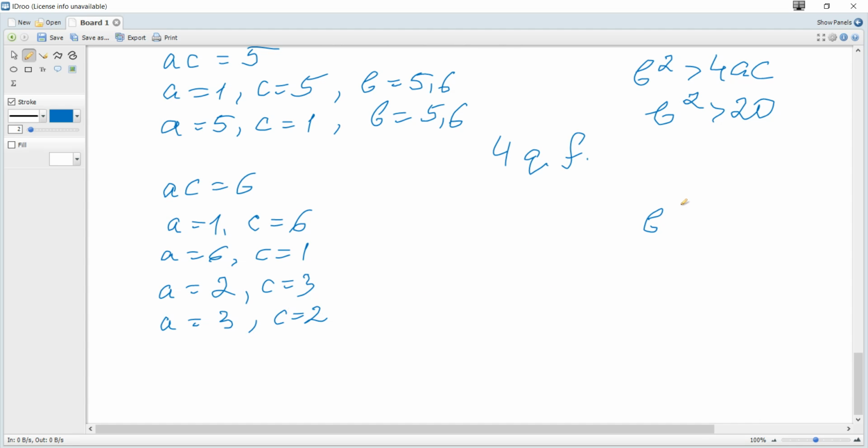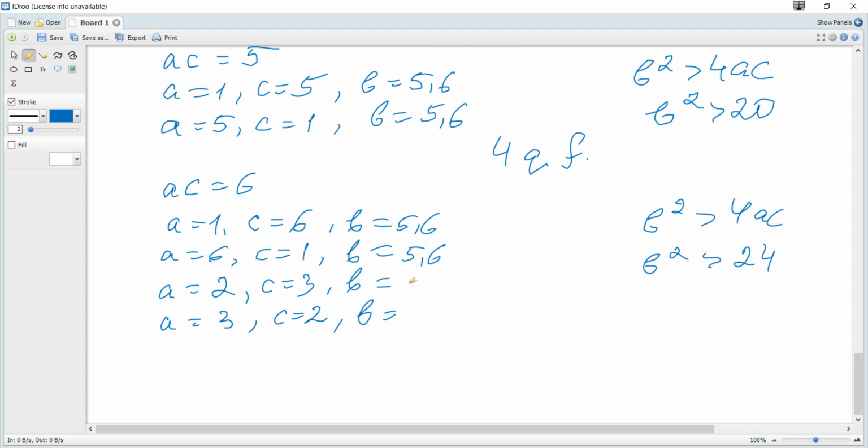And B squared is greater than 4AC, B squared is greater than 24, so again B is 5 or 6, and that's 8 quadratic functions.